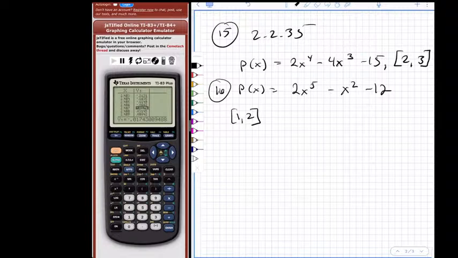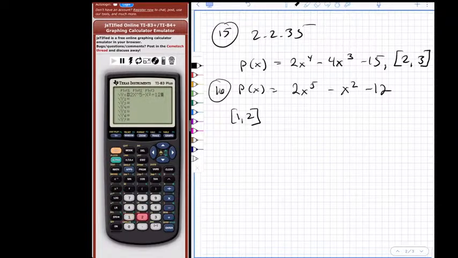Okay. Let's see. So let's go to our y equals. We have 2x to the power of 5 minus x squared minus 12.